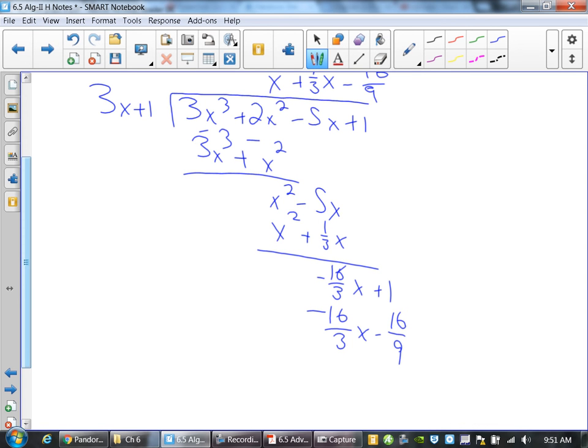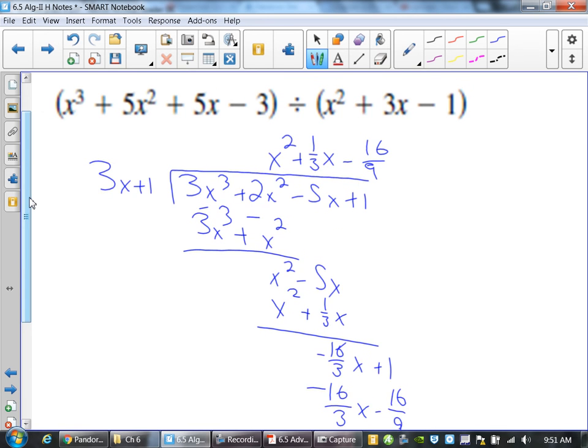Ooh, this is ugly. I just left it as that. Negative 16 over 9 times positive 1 is negative.